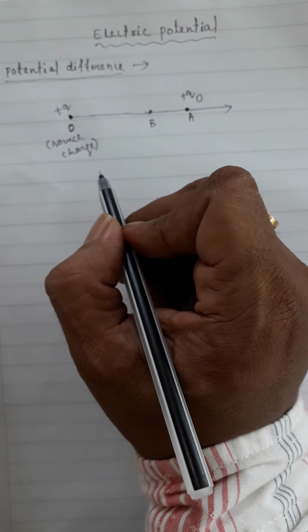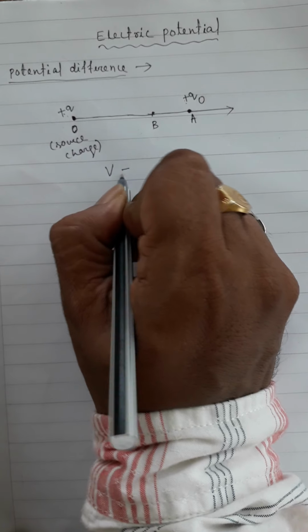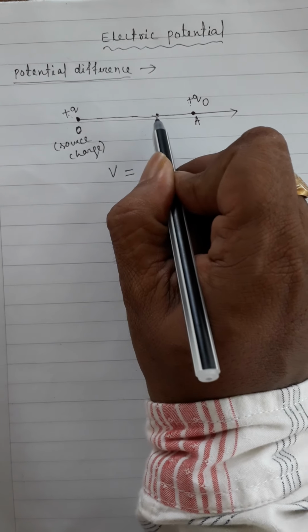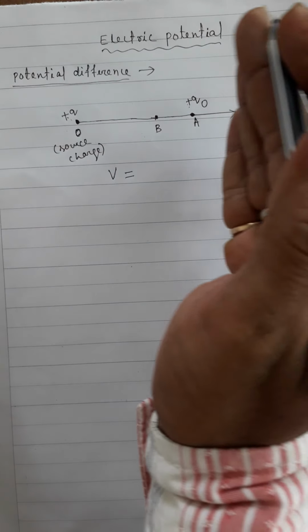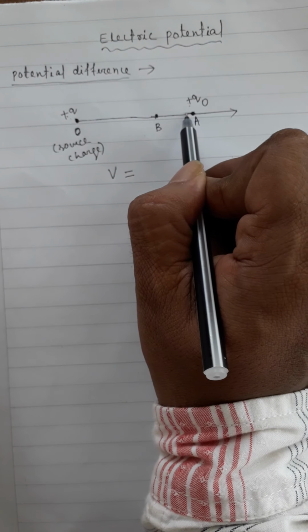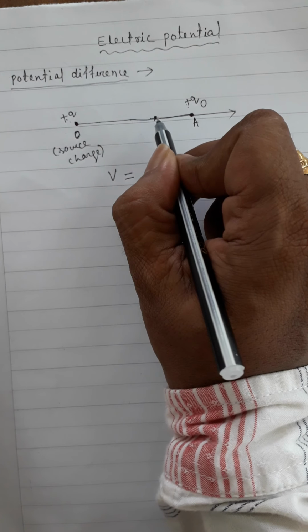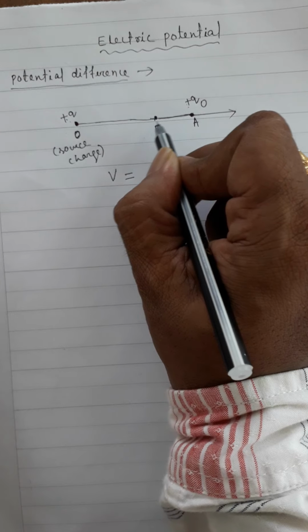So the potential difference V: we know this point B has more potential than point A, because we have to shift this charge against the repulsive force and do some work, and that work done is converted into potential energy at this point.